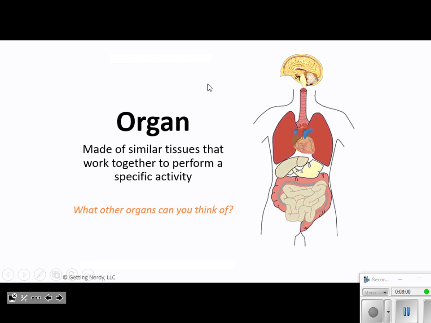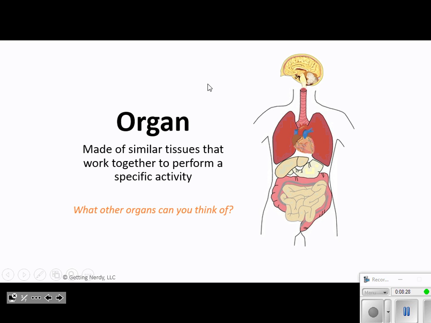Organ. Organ is the next level. An organ is made of similar tissues that work together to perform a specific activity. We talked about red blood cells.